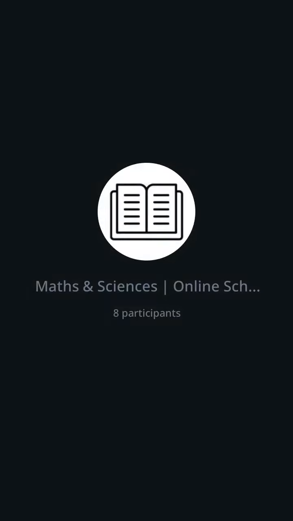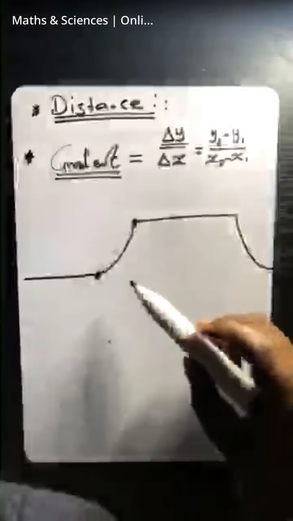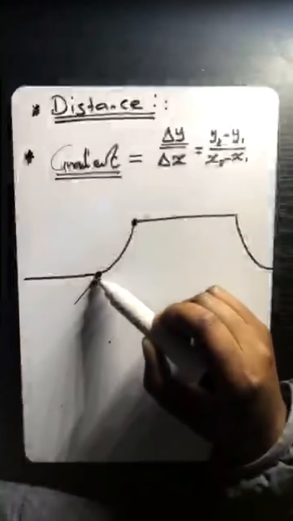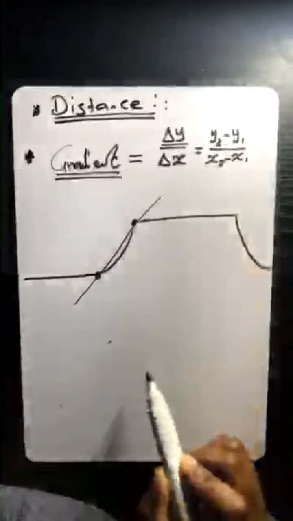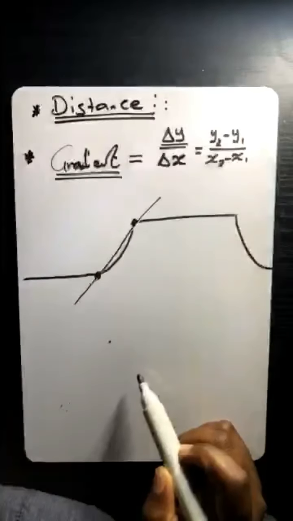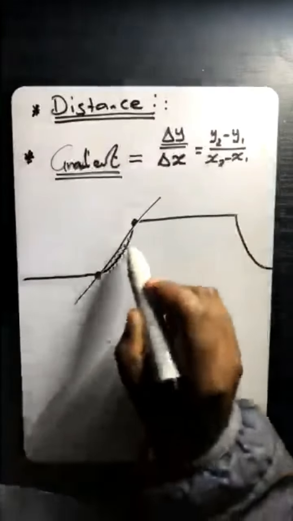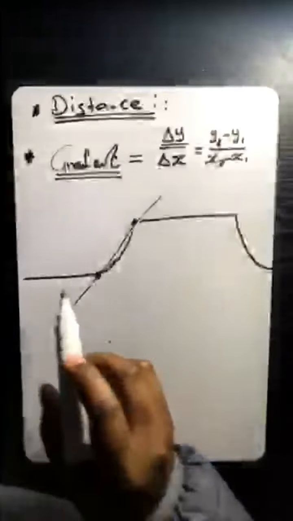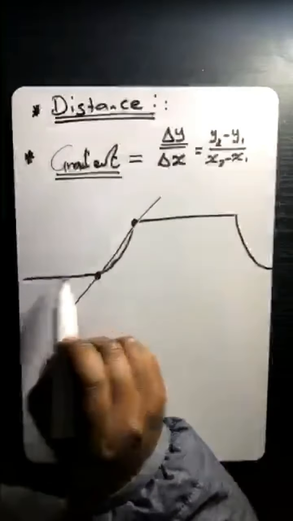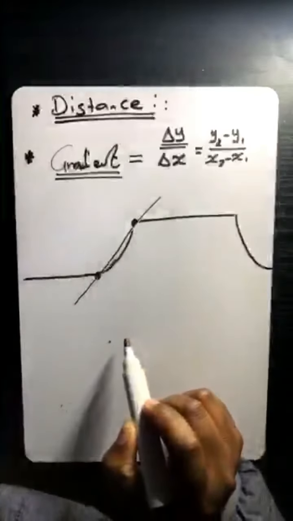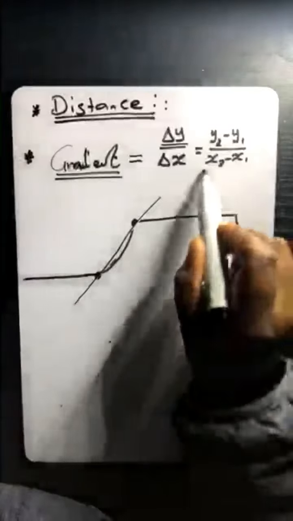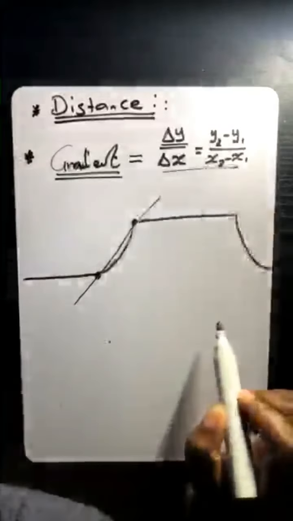From this point up to that point, if we draw a straight line, we have an idea of the slope of Table Mountain. We can determine how steep that mountain is by making use of this formula.